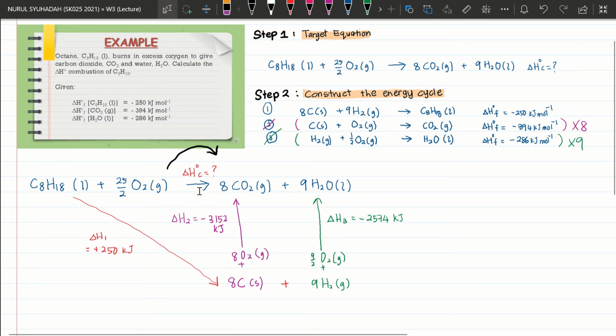Actually right now we are entering our step 3.